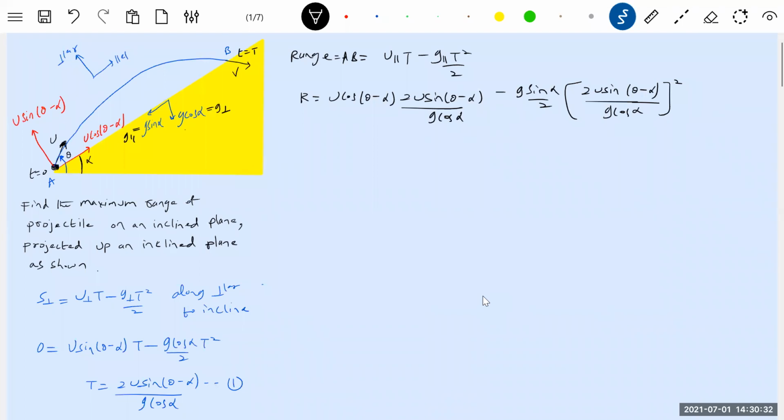I'm asking for the range value, the maximum range R max has to be determined.